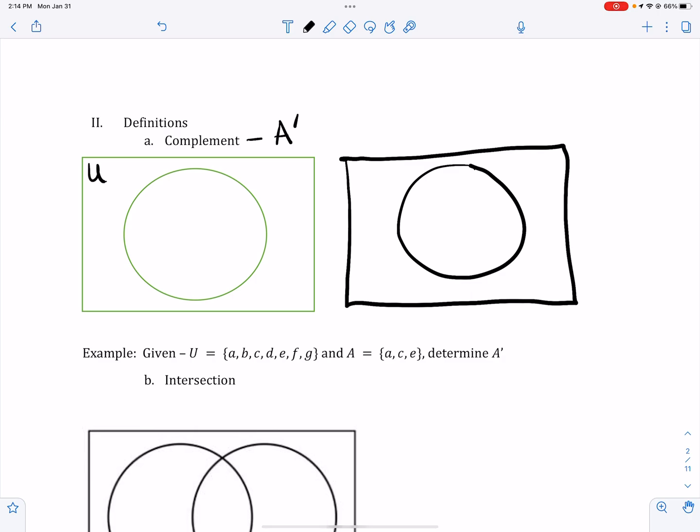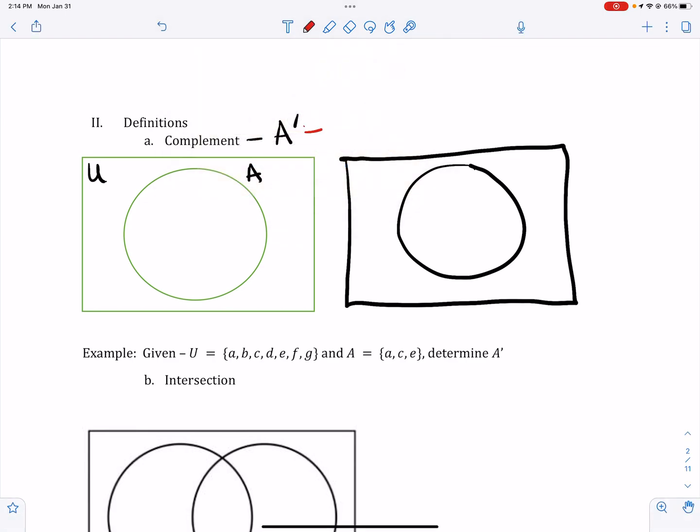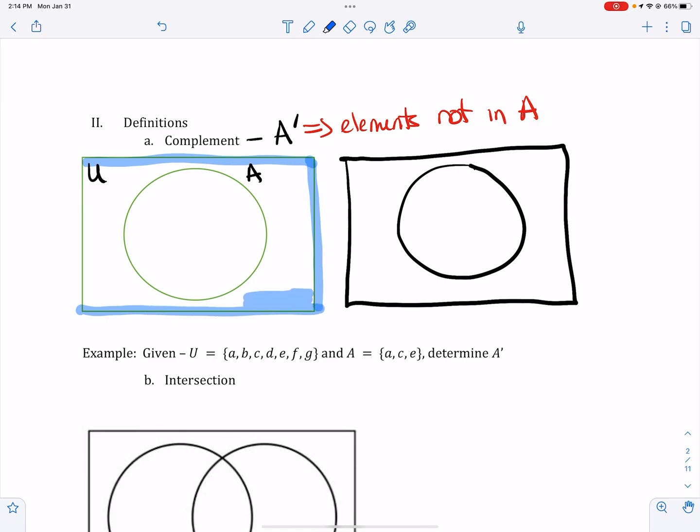So this will be my set U, and this will be my set A. And the complement is elements not in A. If I were to shade that, it would be everything that's in the box, but not in the circle. So I'm not going to spend too much time here coloring, but you guys get the idea, okay? Everything in the box, but not the circle.